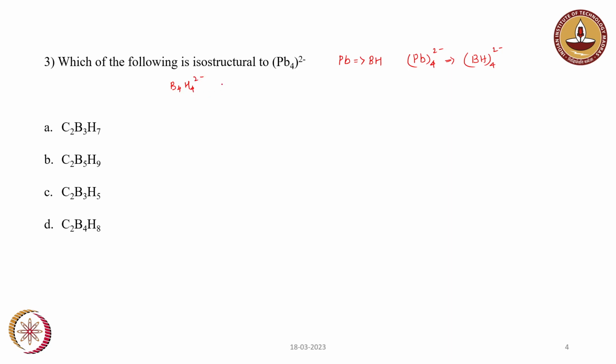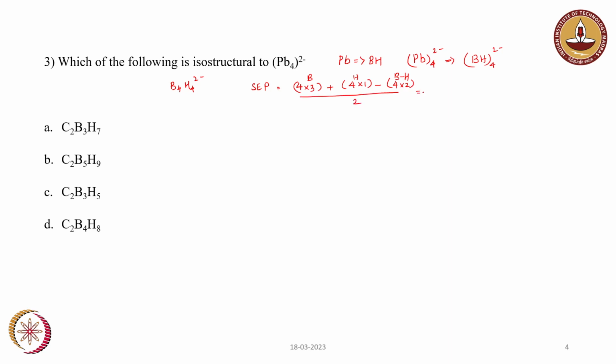So when we apply Wade's rule, SEP will be 4 into 3 plus 4 into 1, because 4 hydrogens are there and 4 borons are there, minus 4 into 2 because of 4 BH units, divided by 2.